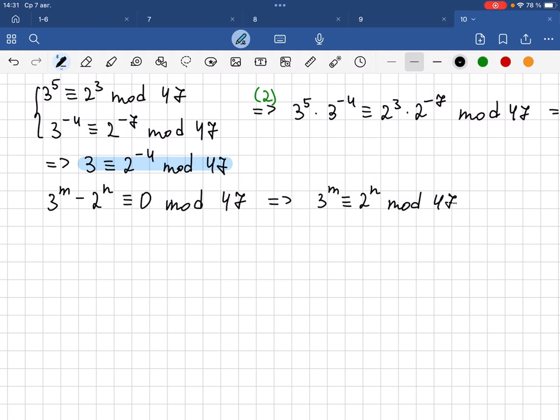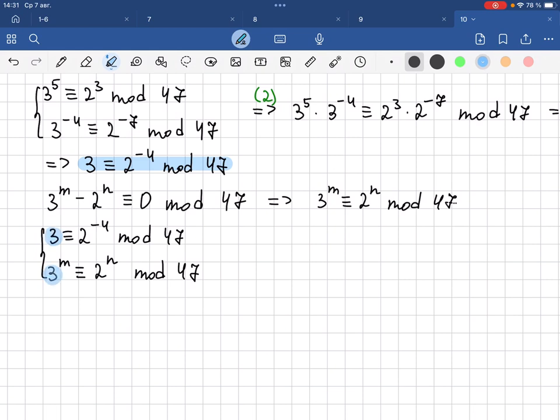And now let's substitute our previous result into here. So we have a system: 3 equals 2 to the power of minus 4 mod 47, and 3 to the power of m equals 2 to the power of n mod 47. And we can substitute this 3 into here, which will give us that 2 to the power of minus 4m equals 2 to the power of n mod 47.